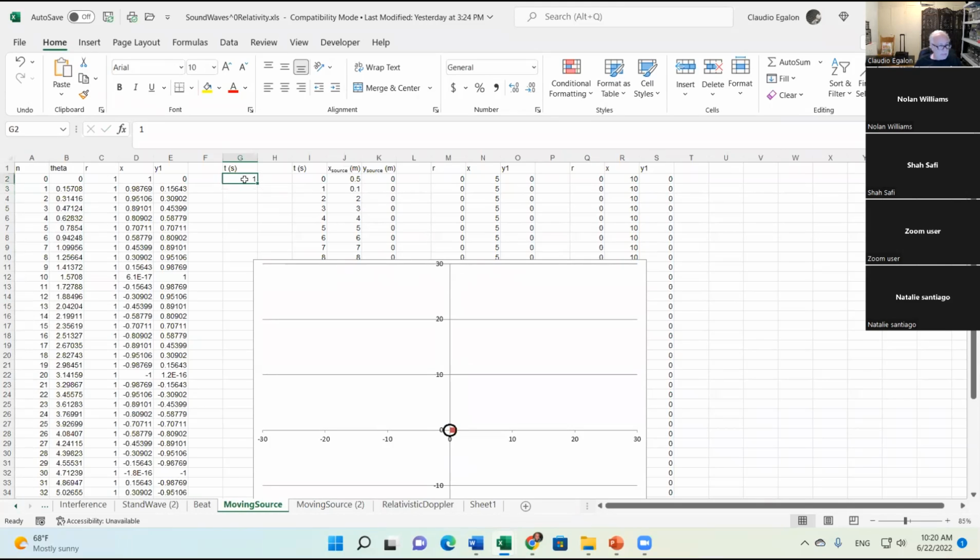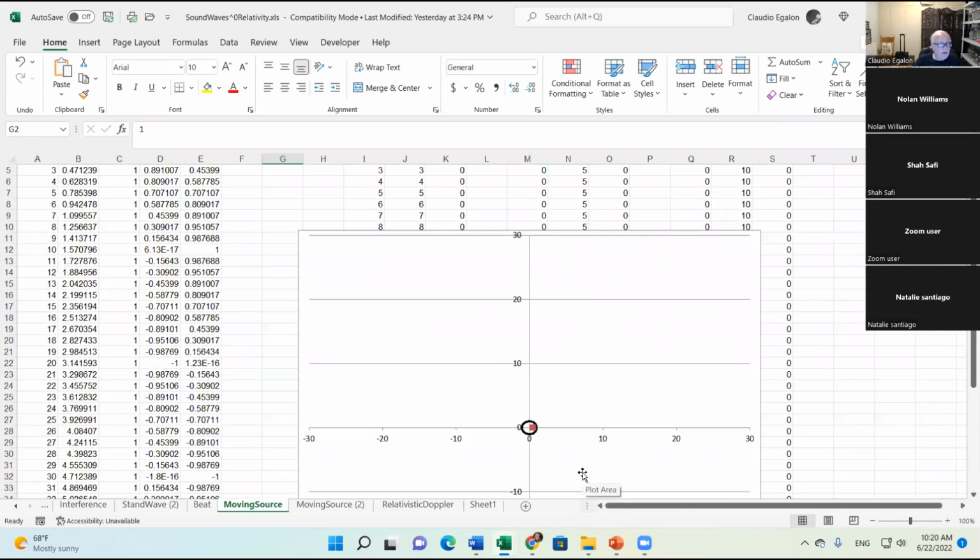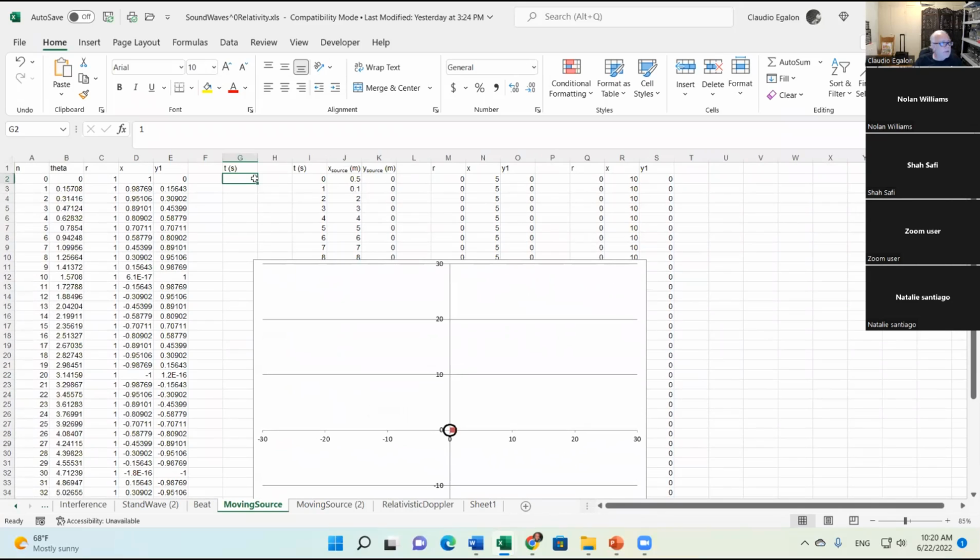Notice that the source here is moving. Initially it is at the origin, and now it is a little bit to the right.